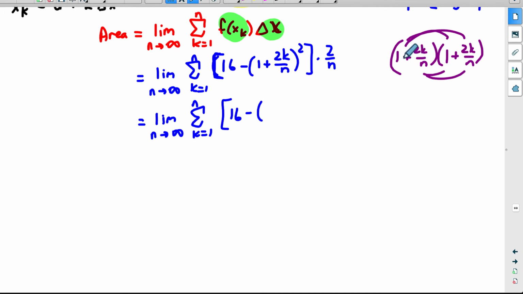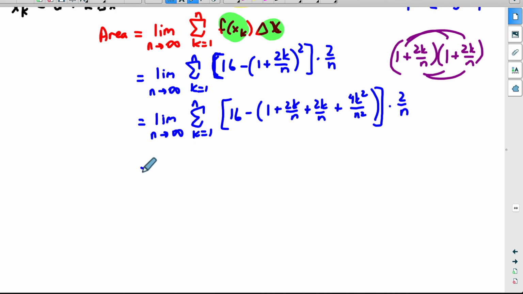So what do we get? 1 times 1 is 1. 1 times 2k over n is 2k over n. 2k over n times 1 is another 2k over n. 2k over n times another 2k over n is 4k squared over n squared. And then we still have the 2 over n here.